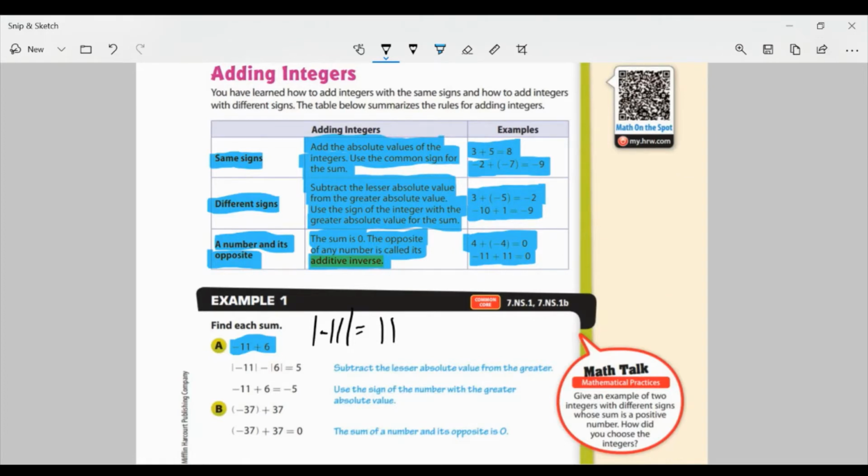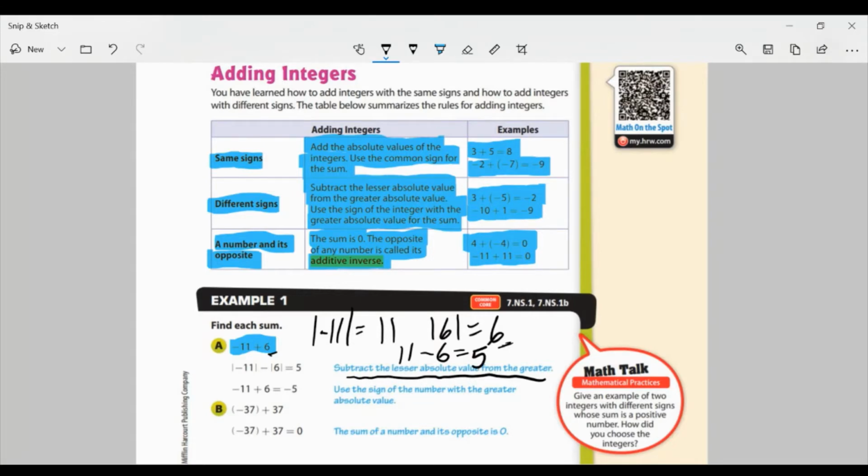It's always going to be positive. Now I'm going to look at the next number, 6. The absolute value of 6 is just +6. Now I want to subtract the lesser absolute value from the greater. This is the lesser, so I'm going to put that one second. So I'm going to go 11 take away 6, which is 5.